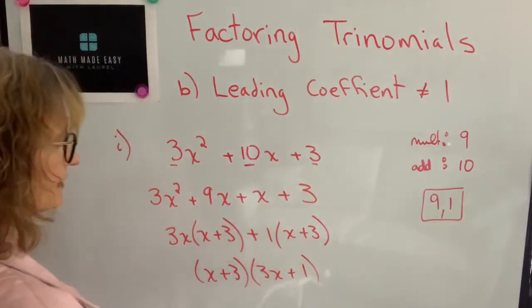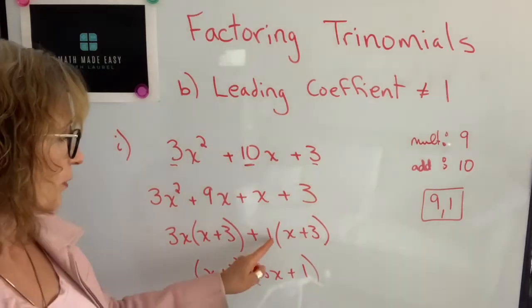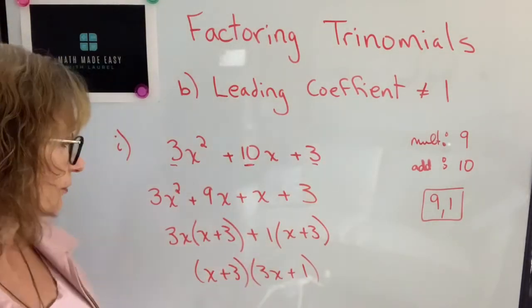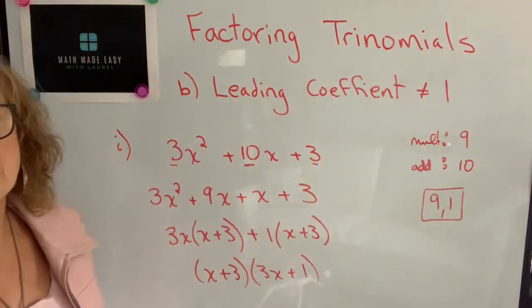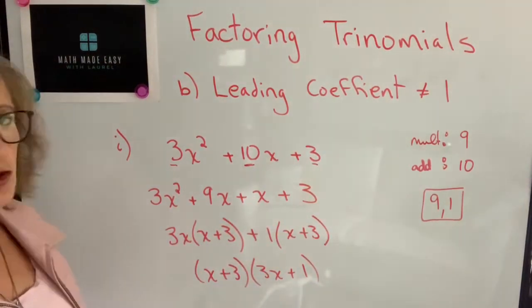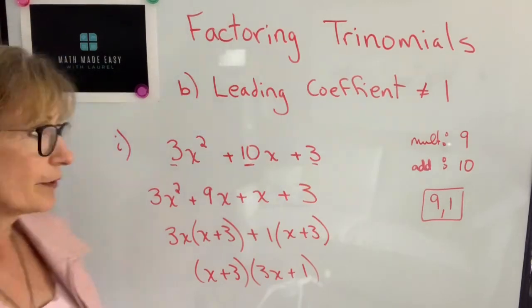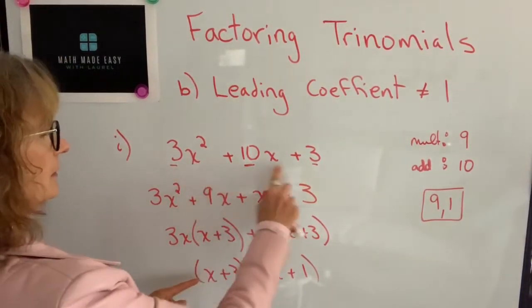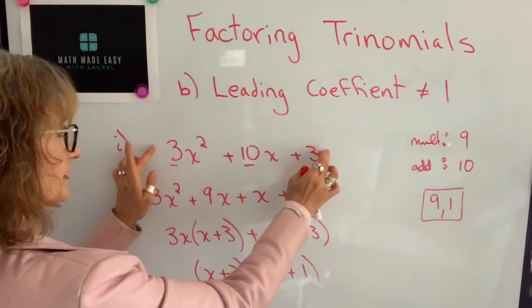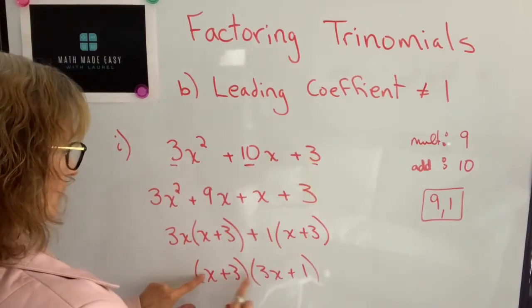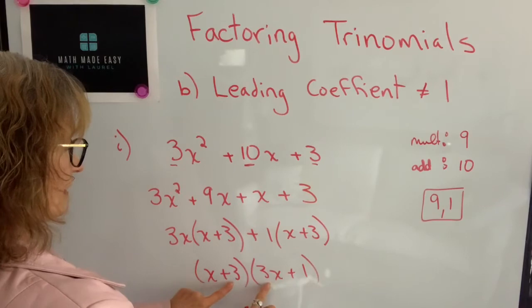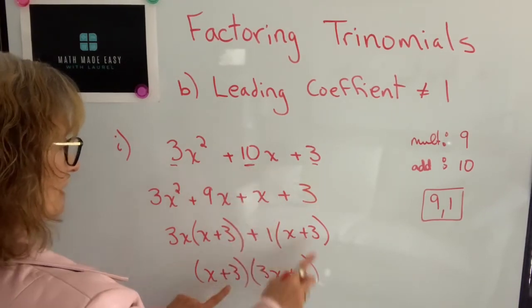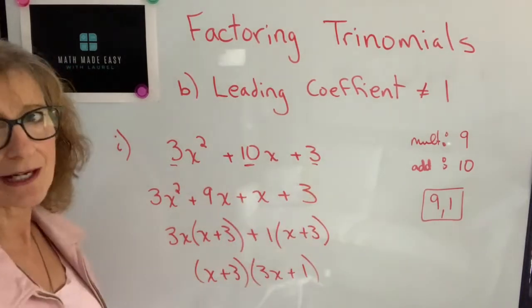That's where that needs to be, and if you don't put that 1 there, you may miss it. So I strongly recommend that you put it in the brackets. It just helps you see everything more clearly. We can always check that our factors are correct by multiplying and seeing if the result is what we started with. So x times 3x will be 3x squared, plus x plus 9x gives us our 10x, plus 3. So we know it's correct.